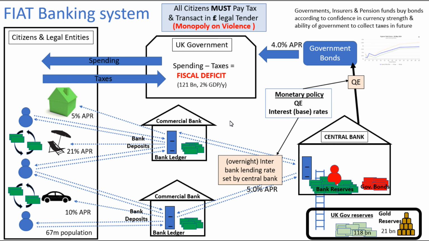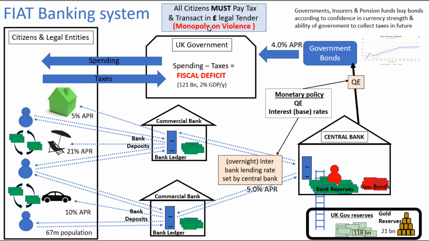And pivotal to the fiat banking system is the fact that all citizens and legal entities within the state must pay tax, and they have to transact in the legal tender of the government, which in the case of the UK is the pound sterling. And this is because the government in any state has a monopoly on violence.